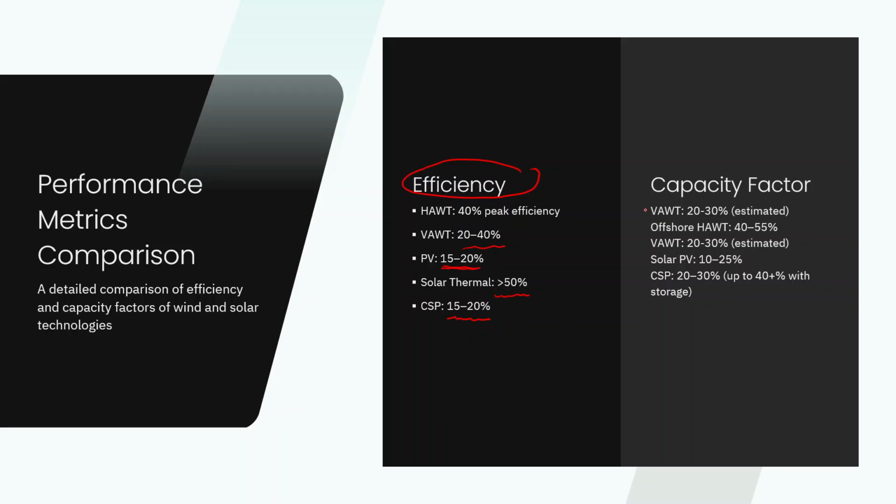The other important factor that we need to look at is the capacity factor, right? As we have discussed earlier, the capacity factor measures the actual energy output of a particular power plant relative to the maximum possible energy output of that power plant.